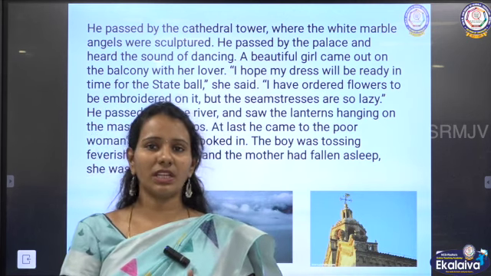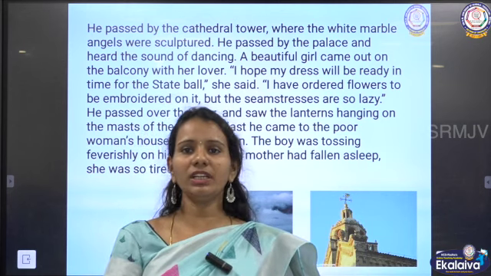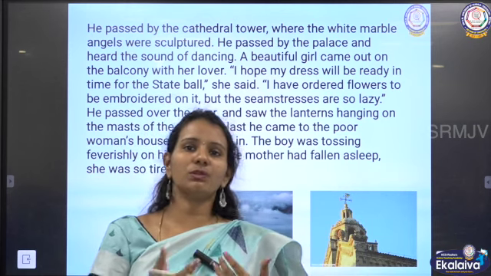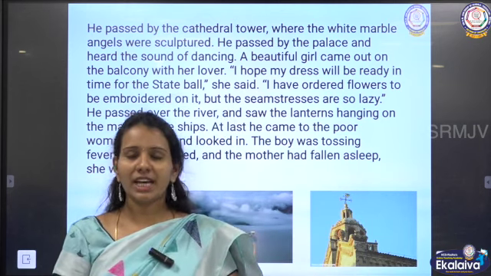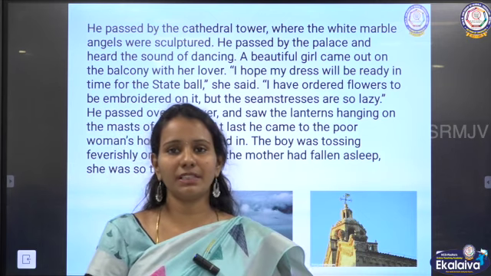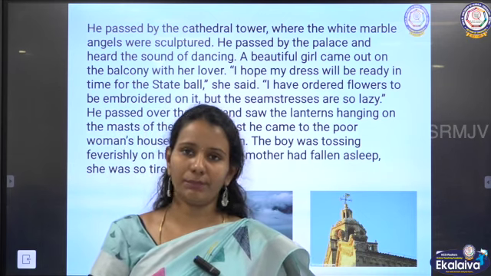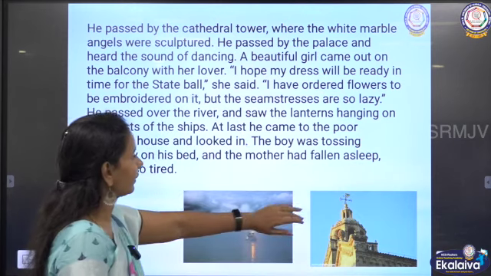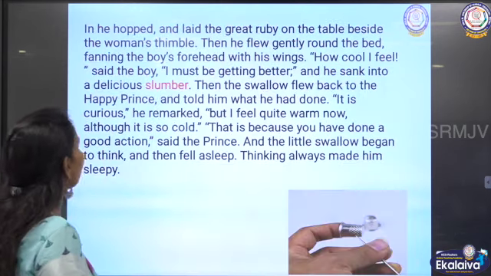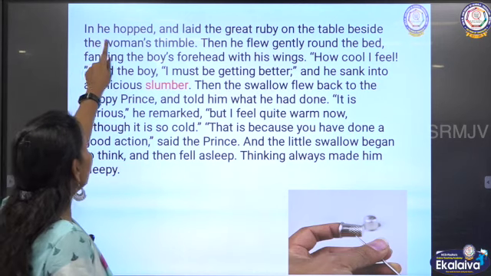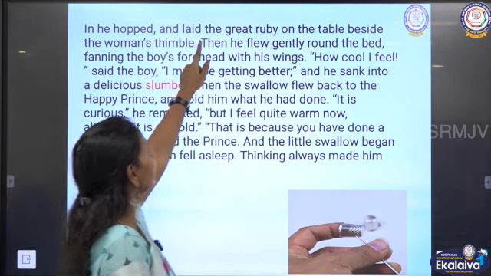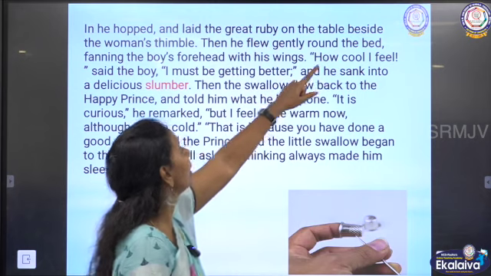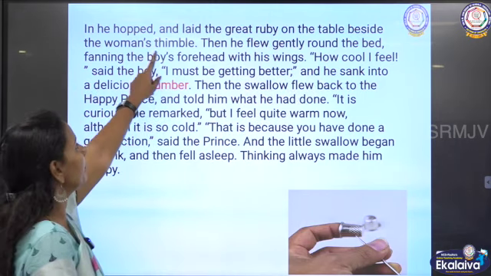He was tossing. Tossing means what? He was turning right and left because he was not able to sleep comfortably, and the woman had fallen asleep next to him because she was so tired. In he hopped and laid the great ruby on the table beside the woman's thimble.